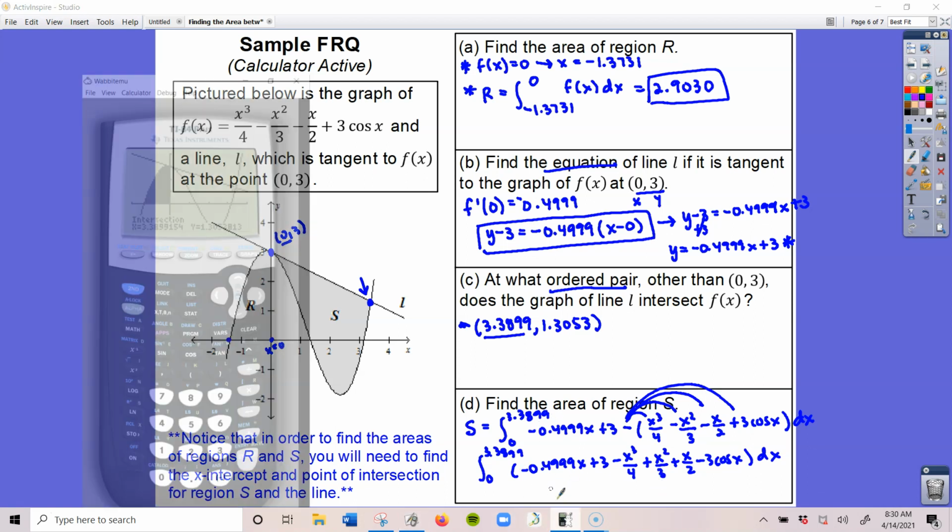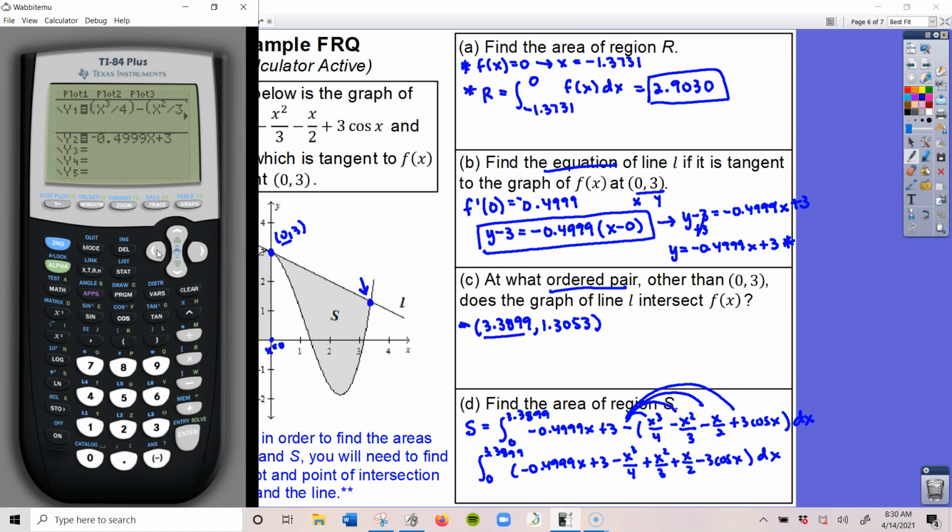Now this is part D, so I'm pretty much done with everything that was here. So what I'm going to do is I'm going to deselect this one, and I'm going to use this since that is the beginning of my integral here, and I'll just put the rest of the function next to it. So minus x to the third over 4 plus x squared over 3 plus x over 2 minus 3 cosine x.